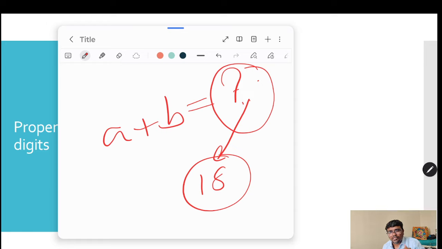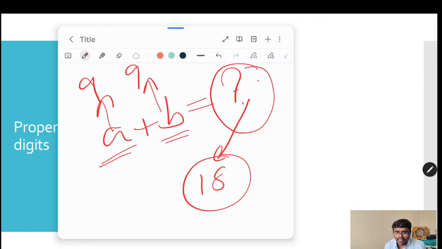You won't get more than 18. Why? Because A and B are digits. So what can be the maximum value of A? 9 only. What can be the maximum value of B? 9 only, since those are digits. So 9 plus 9, 18. You won't get a value more than 18.